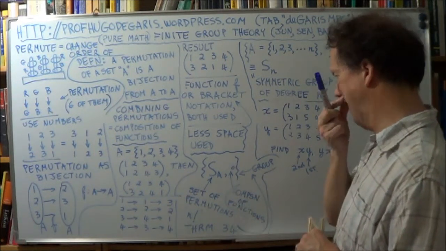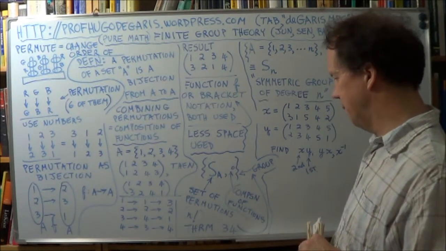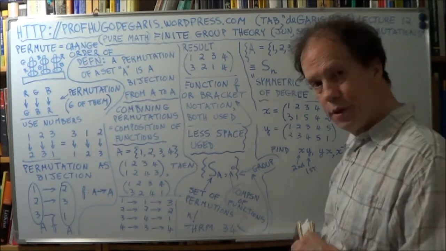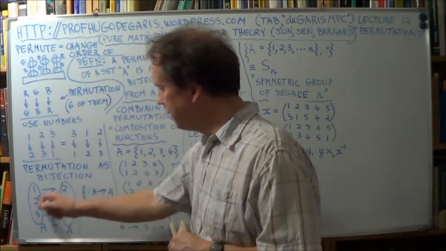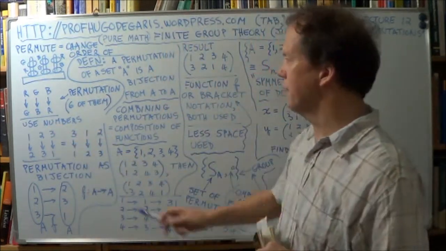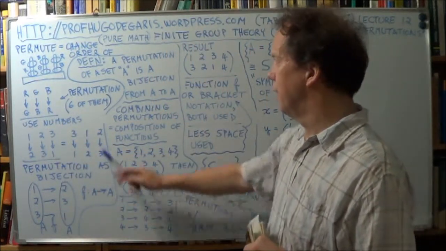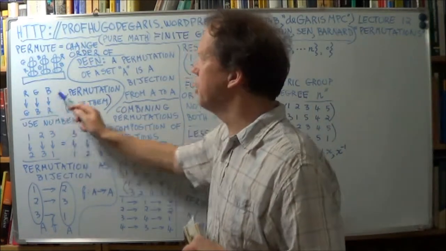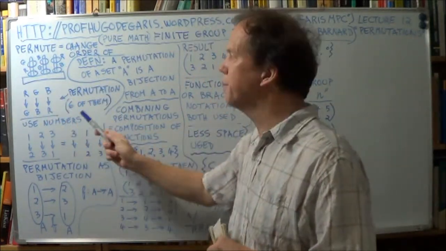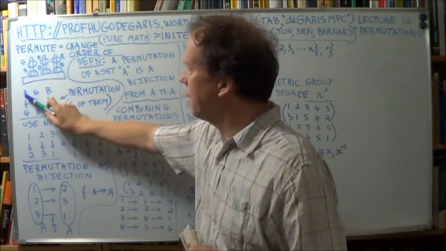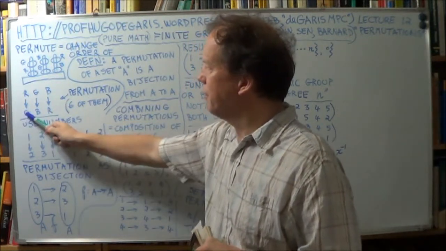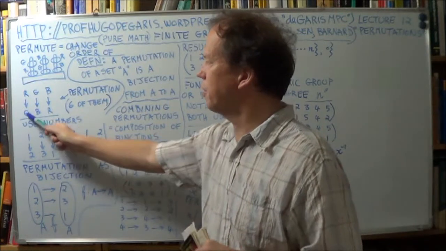Now we can get our first solid result. I hinted a bit earlier at the set of these permutations. If you have three objects, how many ways can you permute those three objects? If you started with a red here, how many different colours could you put here? You've got three choices.